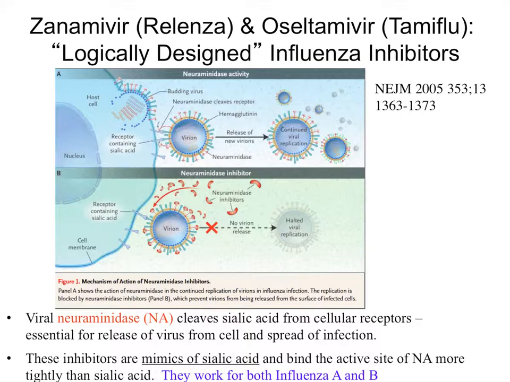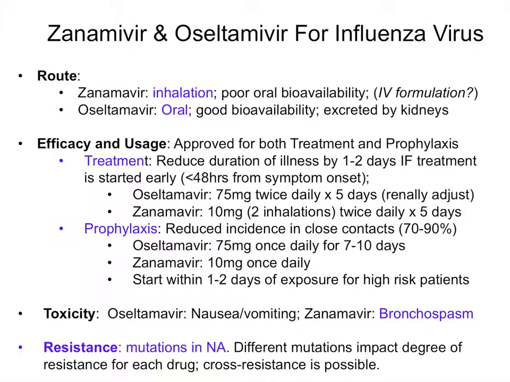Neuraminidase inhibitors are nice in that they work against both influenza A and influenza B. In terms of the pharmacology of these agents, they're actually quite well tolerated. The biggest difference between zanamivir and oseltamivir is that zanamivir is delivered via inhalation, and so you use an inhaler essentially to deliver zanamivir. There are some IV formulations in clinical trials, but they're not commonly used.